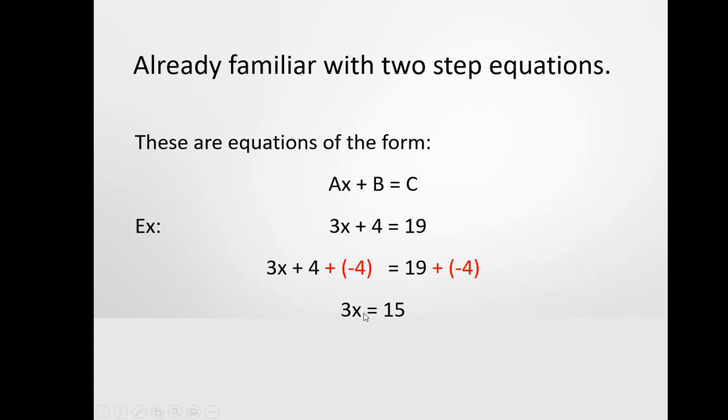There's nothing to combine it with, and so we're at the point where we need to take this term apart. We have this coefficient 3, and we have the variable x. The way we get rid of that coefficient is we divide, and I'm sure you already recognize that we're going to divide by 3, because 3 divided by 3 is 1. And 15 divided by 3 is 5.